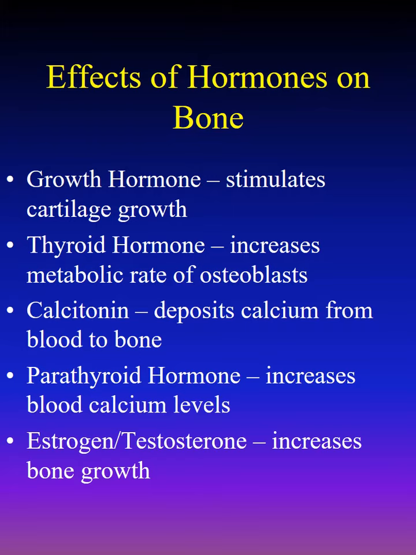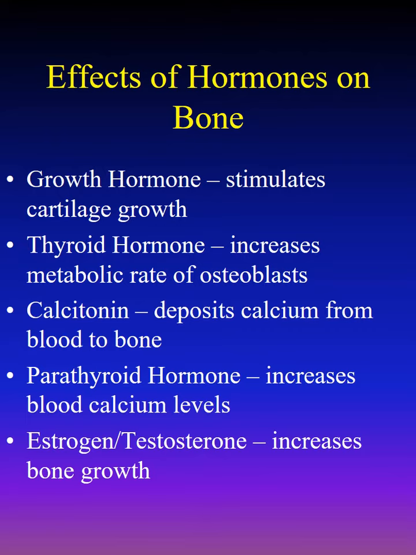A fourth hormone, parathyroid hormone, is secreted by the parathyroid glands, which are close to our thyroid gland and found on the back, and there are 4 of them. And they are secreted when they have decreased levels of calcium in the blood. So the opposite effect of calcitonin.